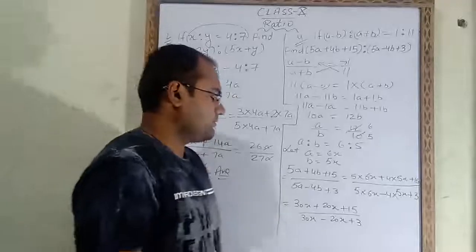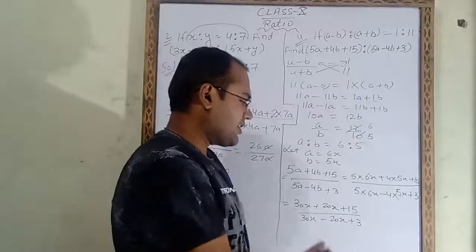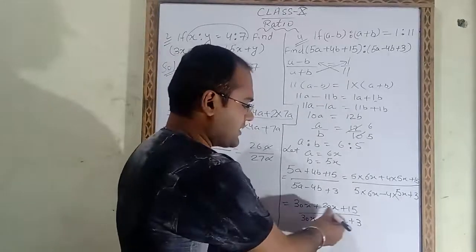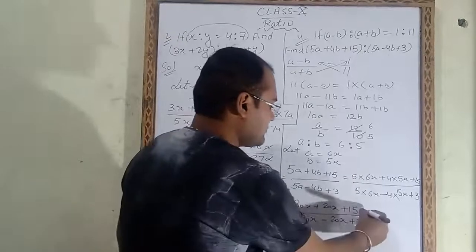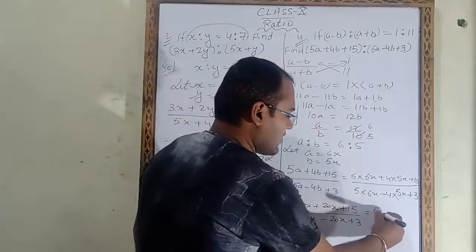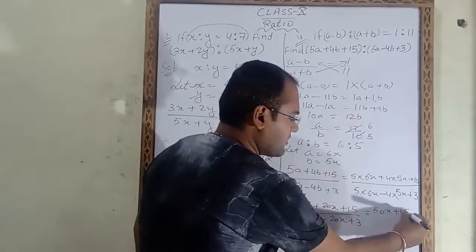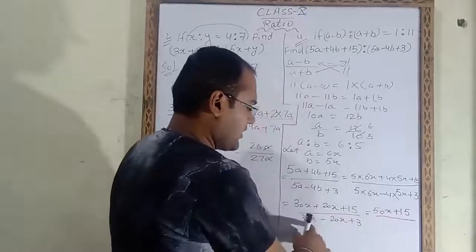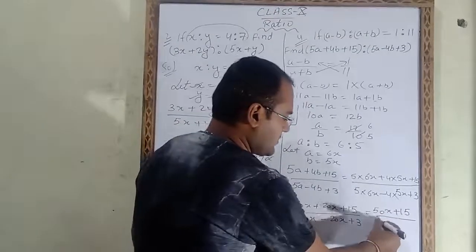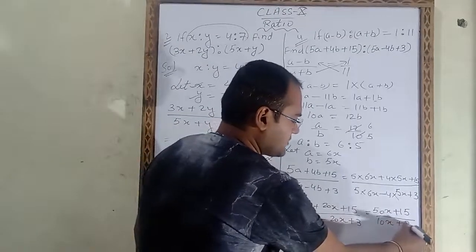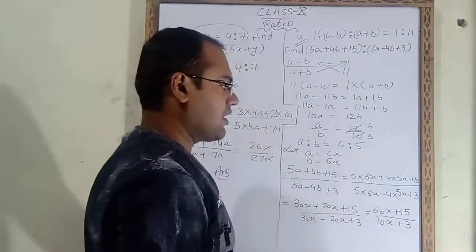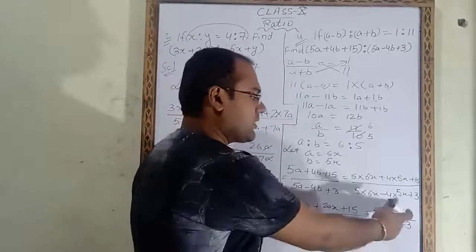Now what you have to do, 30x plus 20x will become 50x plus 15 upon 30x minus 20x will be 10x plus 3. Now what will be the next step? We will take common.